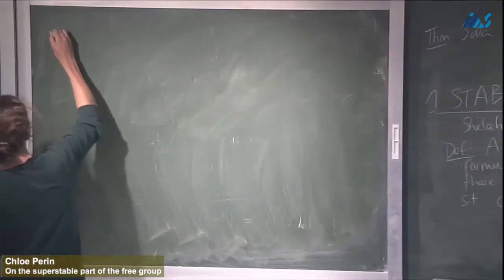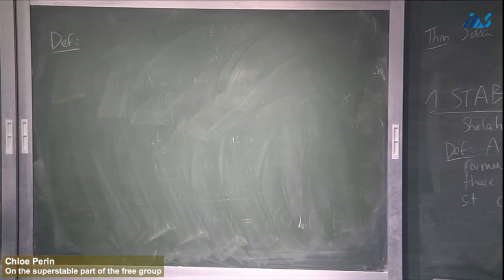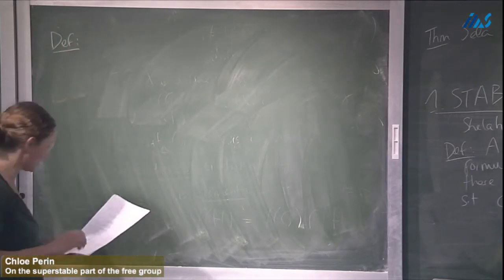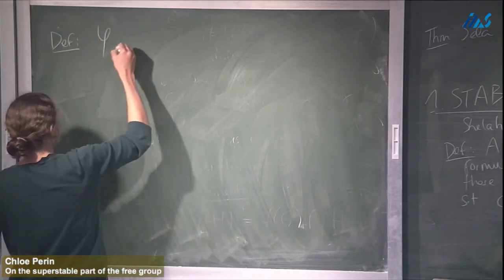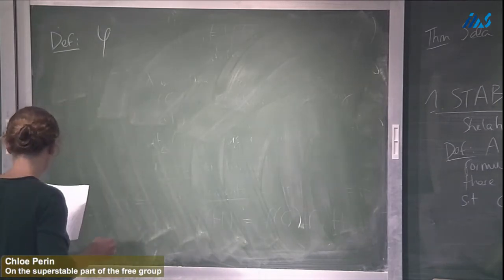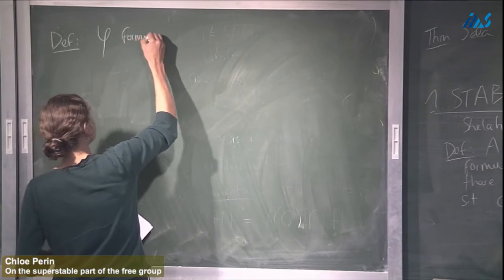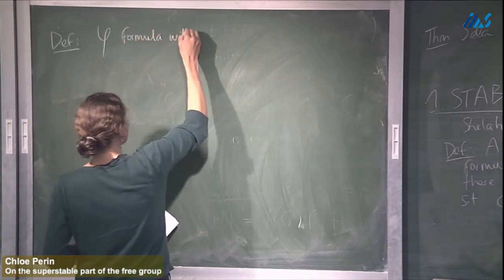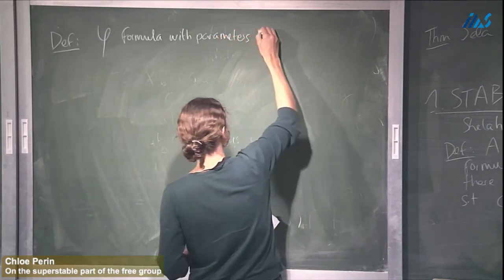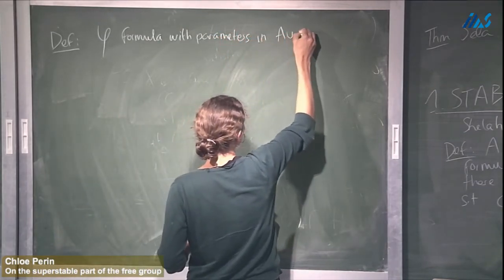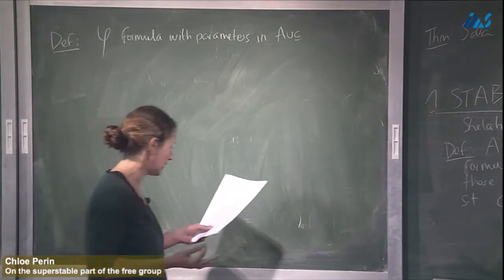Okay, so definition. I will give it in terms of formulas, but you should translate it in terms of definable sets. So let's say you have a formula with parameters in, let me say, A union C. So I mean A and then some tuple C. I add finitely many elements.